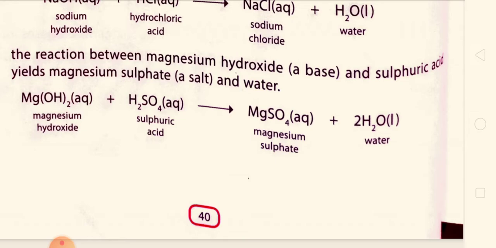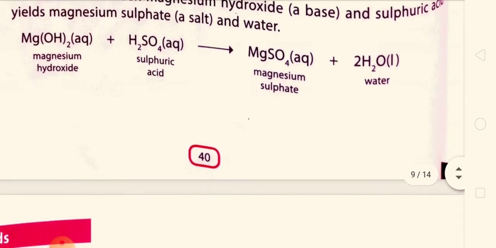All the compounds having -ate at the end, chloride, sulfate, nitrate, all these are salts. When magnesium hydroxide, that is a base, reacts with sulfuric acid, H2SO4, then magnesium sulfate, a salt, and water are formed.